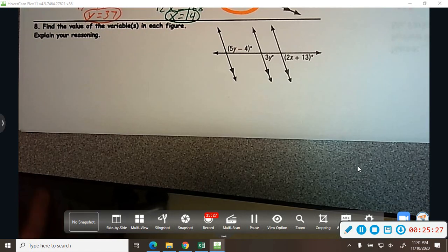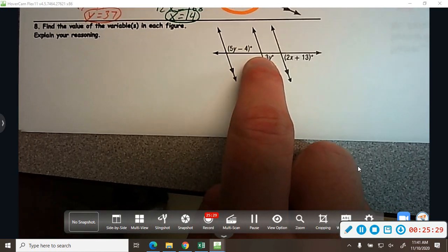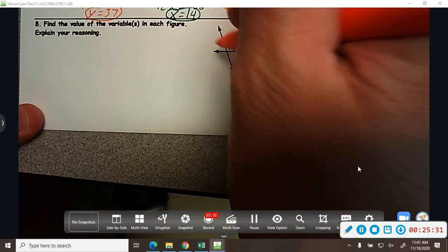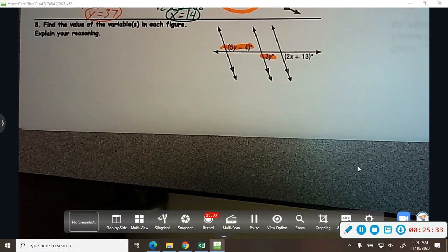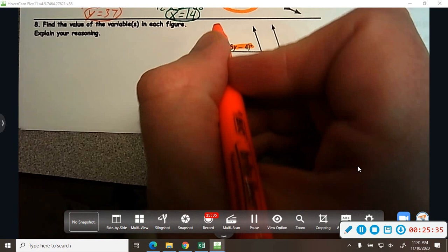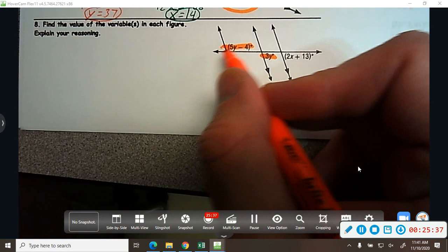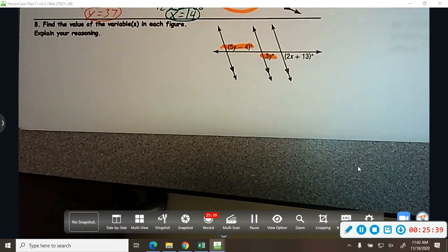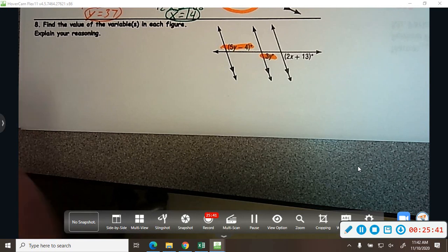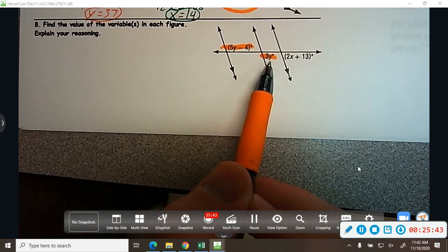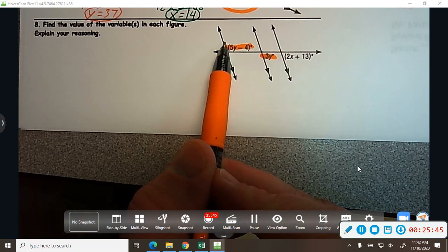Alright, number 8. I have y, y, x. So I need to relate these two somehow. All three lines are parallel, so I could bounce from one to the other. There's not a relationship between these. That's exterior, that's interior.